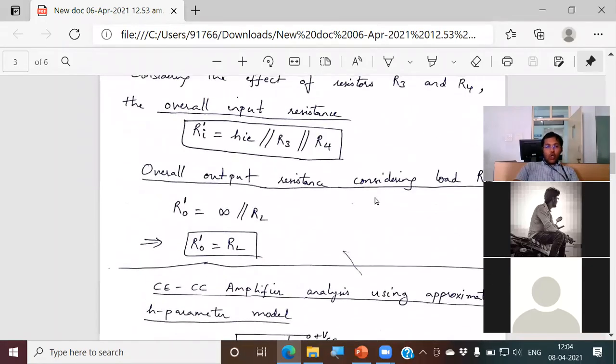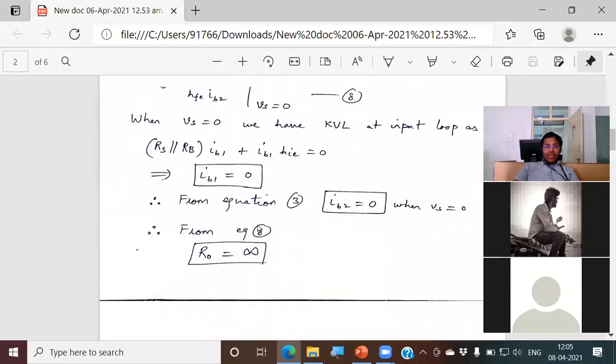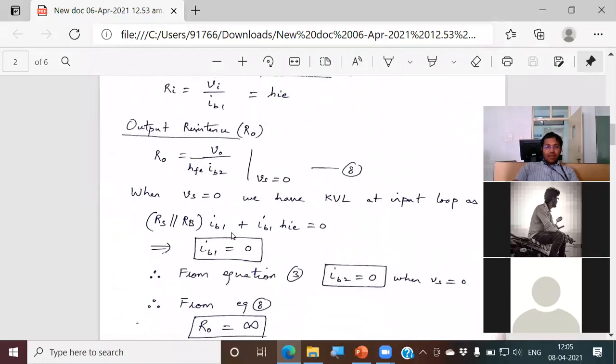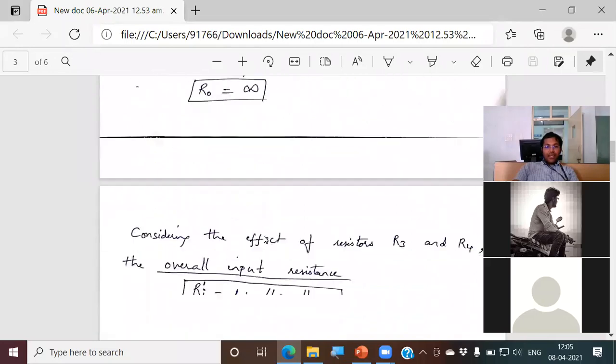So the overall output resistance considering the load is R naught parallel with RL. But just now we discussed that because IB2 is 0, R naught is infinity.